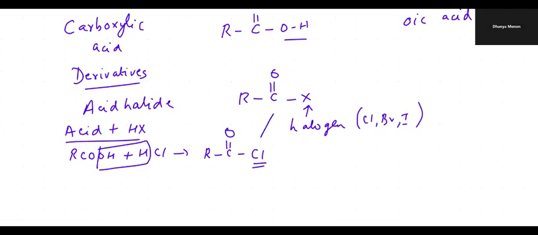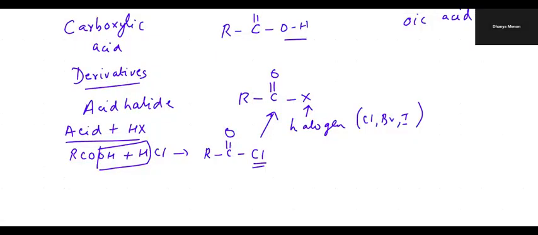So when acid is treated with any hydrogen halide, HX, we get the acid halide. This is how it is formed.